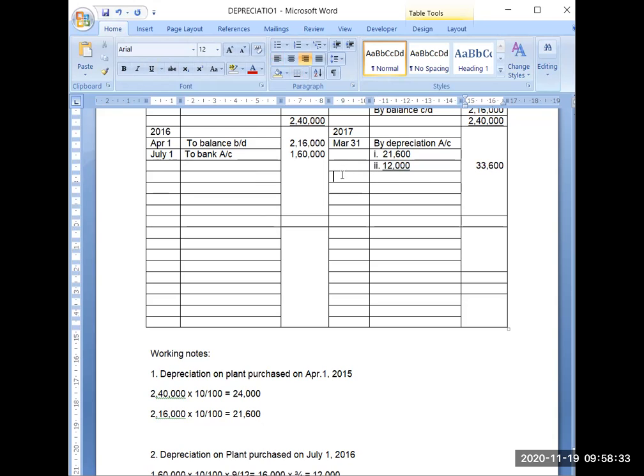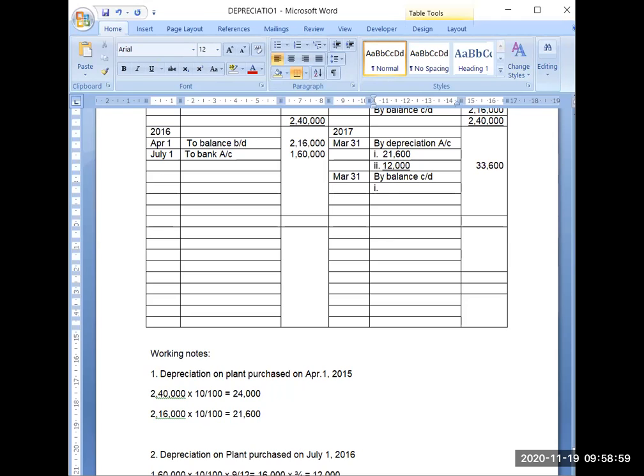Now we will calculate the balances separately. So first machine balance will be 2,16,000 minus 21,600.